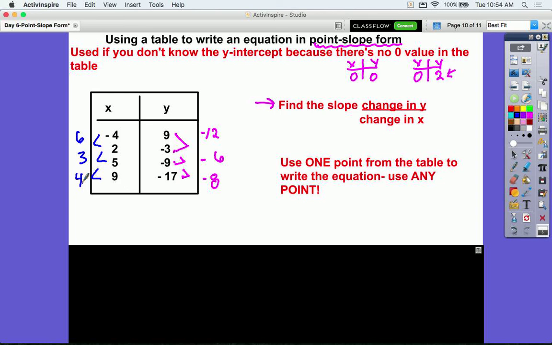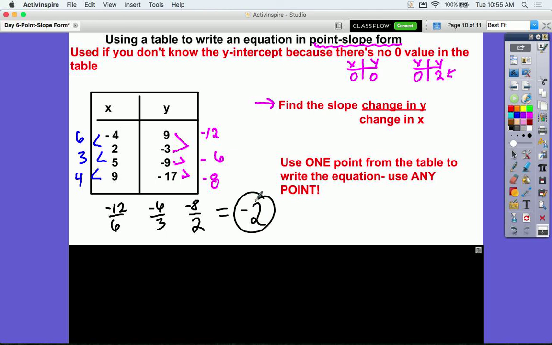When I take any pair of my change in y over change in x, here's what you're going to notice. Negative 12 over 6, right? Negative 6 over 3, or negative 8 over 2. What do you notice? Every single one of these reduces down to a slope of negative 2.